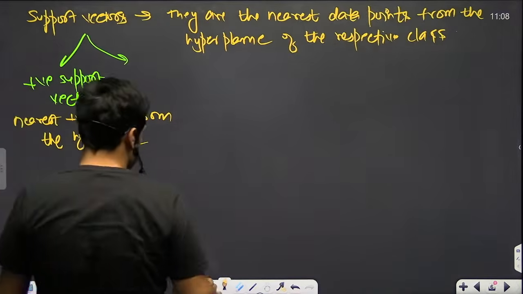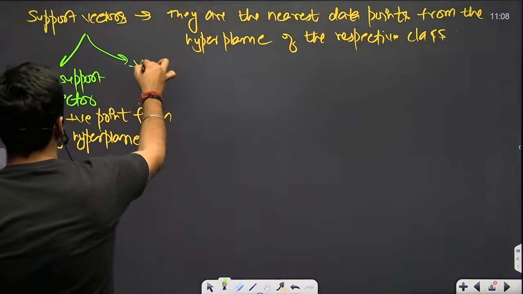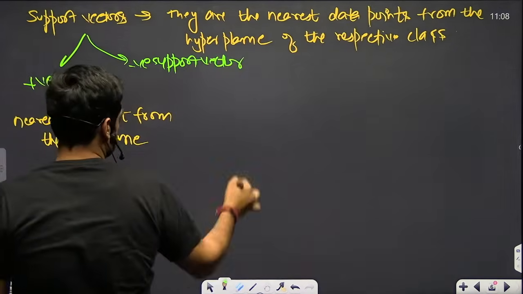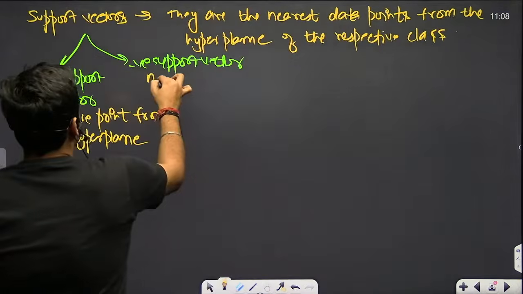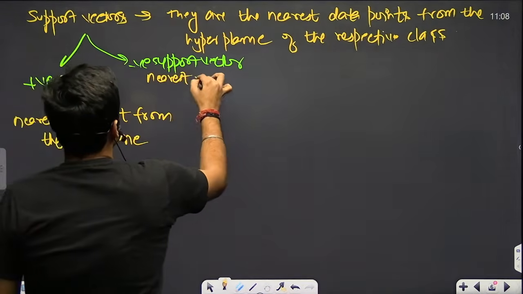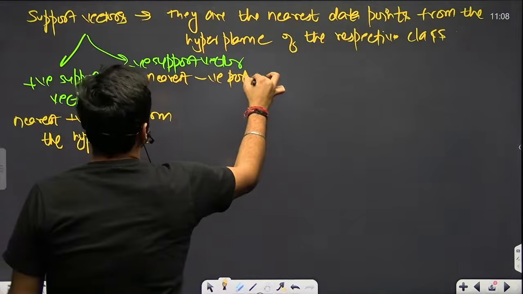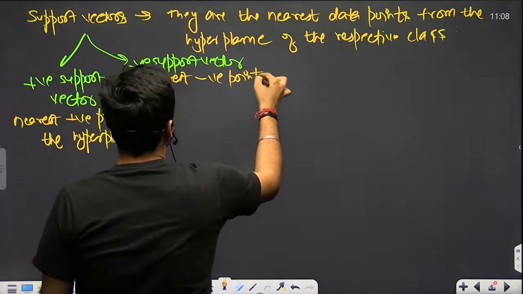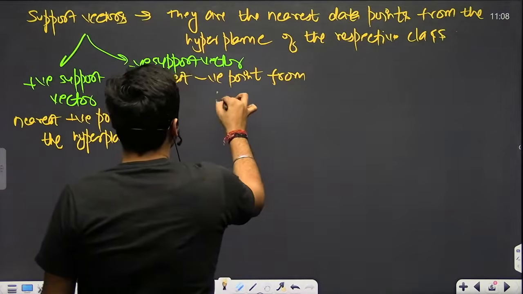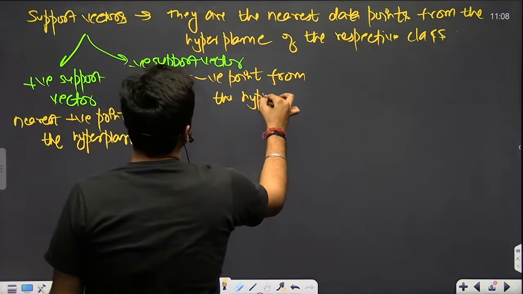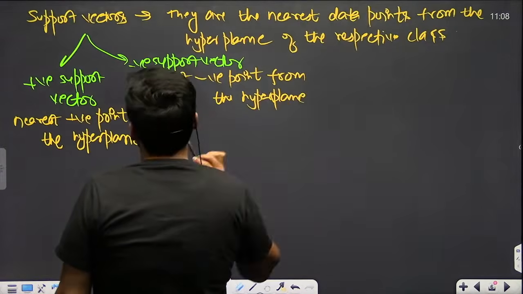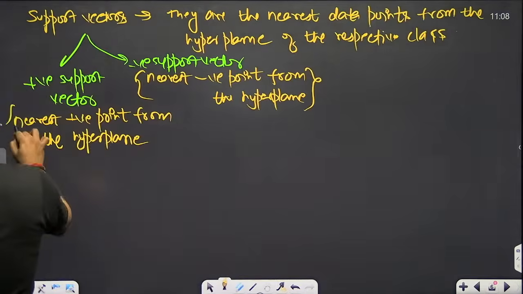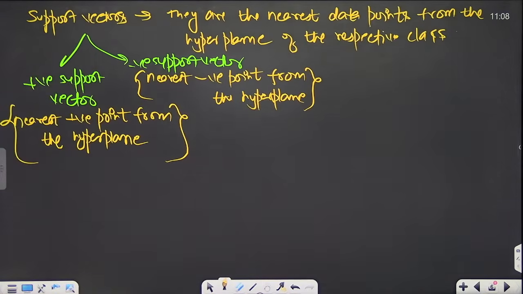And what is a negative support vector? The nearest negative point from the hyperplane, right? So this is the positive support vector and the negative support vector.